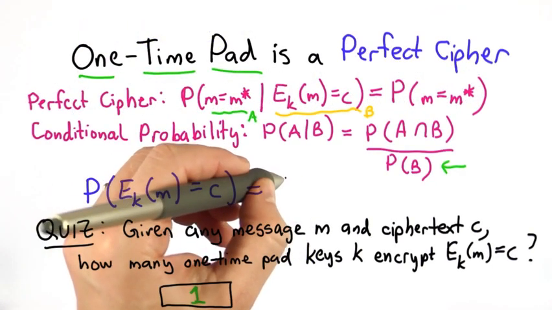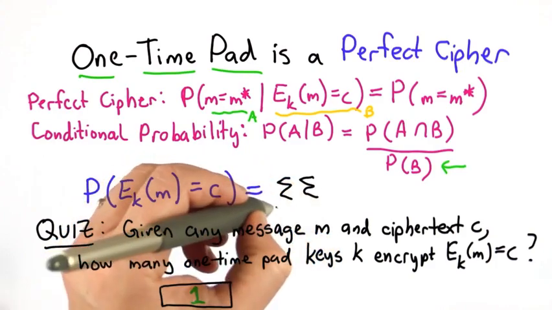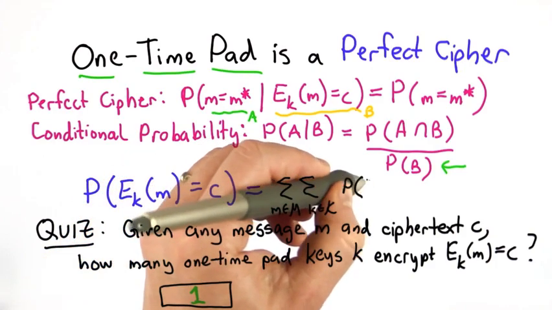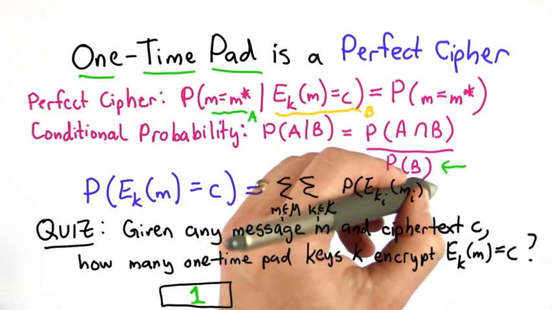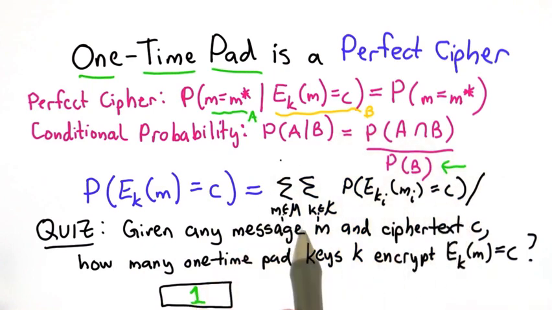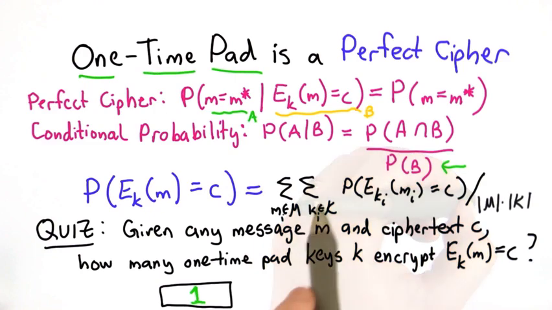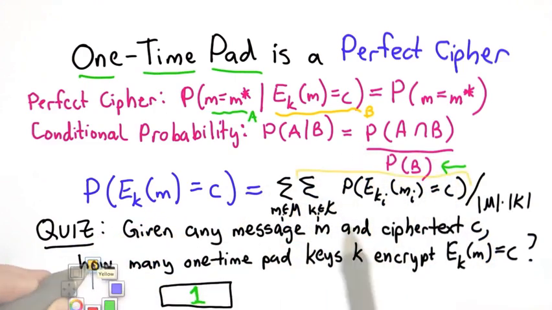So that means we can compute this probability, summing over all the messages, summing over all the keys, where we've got the probability that that key encrypts that message to the given ciphertext. And we need to divide this by the space, which is the size of the messages times the size of the keys. So now what's the value of this summation? We know for a given message, there's exactly one key that maps it to that ciphertext.